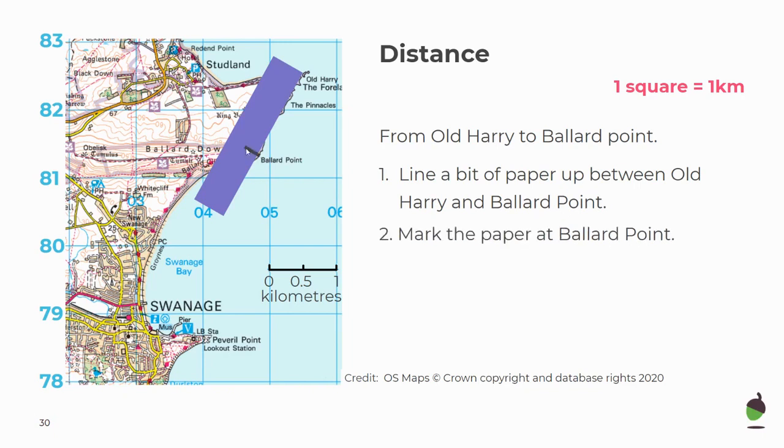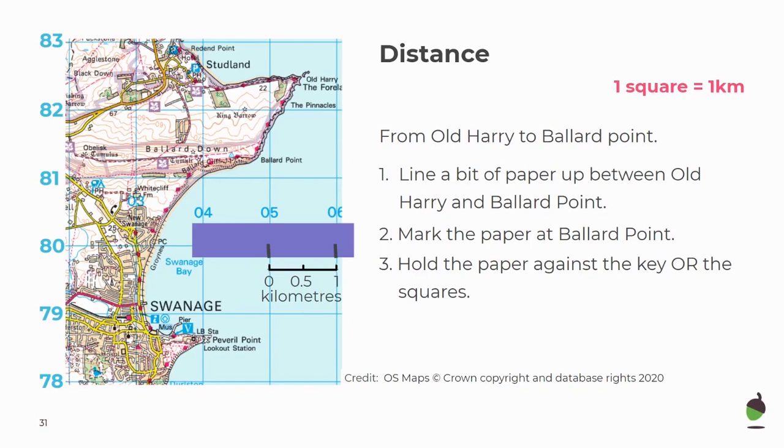You then need to mark the paper, so we know the distance by a piece of paper. Then we're going to hold that paper against this key, or you can hold it against any of these squares because we know that that distance now is 1 kilometre. Here's my piece of paper against the key.